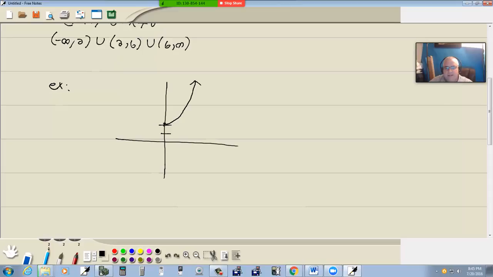Let's say I have this graph right here. Now your domain, in terms of x's and y's, is where the graph exists in terms of your x values. So if I come here to -2, and I ask myself if I can go up or down and find my graph, and I can go up and find it.